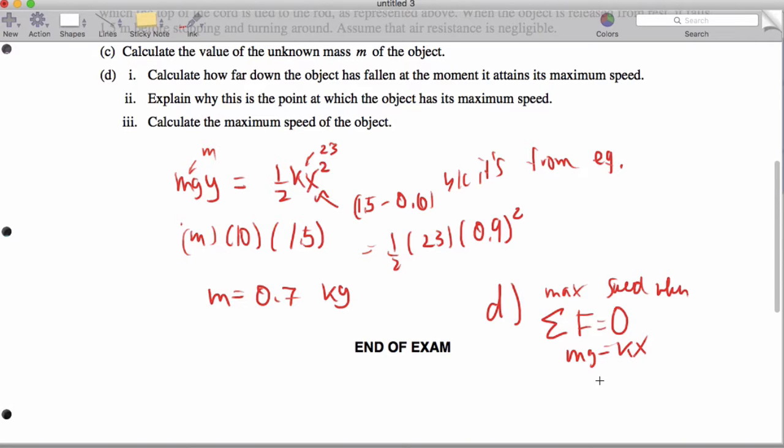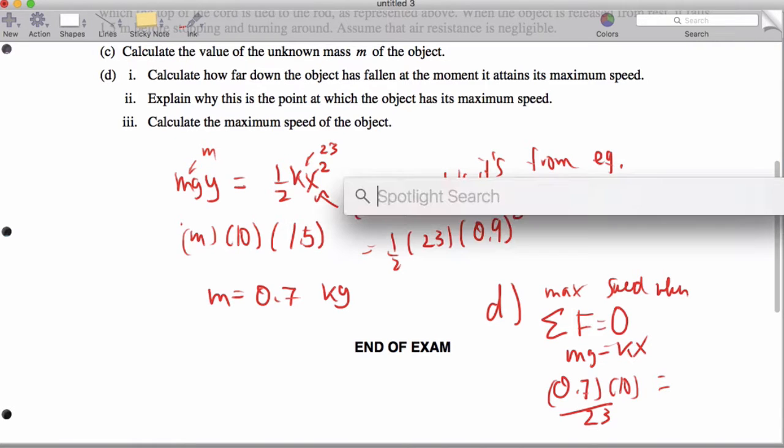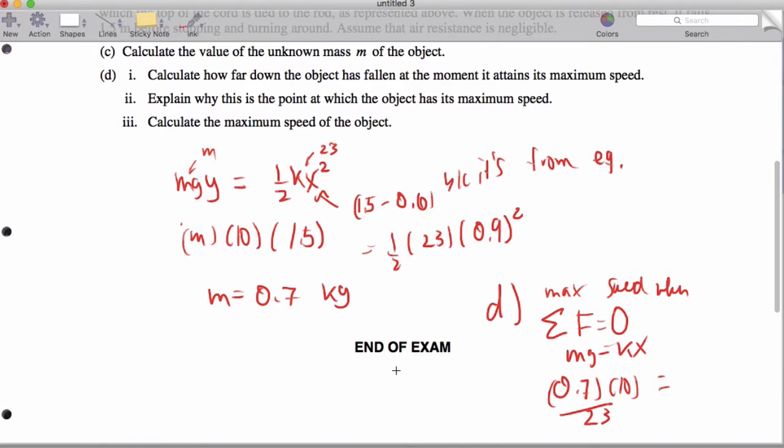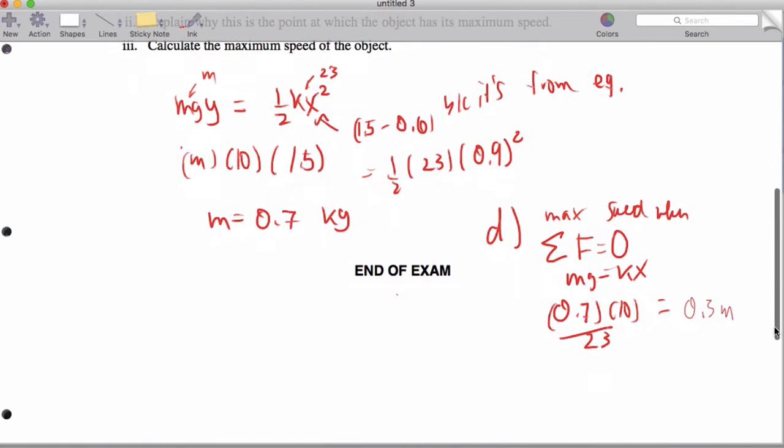That's just going to be 0.7 times 10 divided by 23. So that's going to be 7 divided by 23. It's going to be about 0.3 meters.